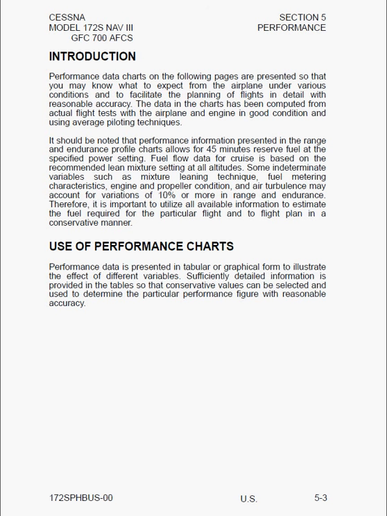And here we go on to see the use of the performance charts, which states that performance data is presented in tabular or graphical form to illustrate the effect of different variables. Sufficiently detailed information is provided in the tables so that conservative values can be selected and used to determine the particular performance figure with reasonable accuracy.